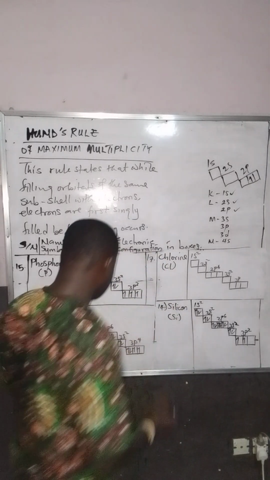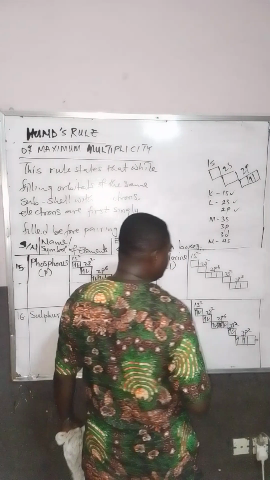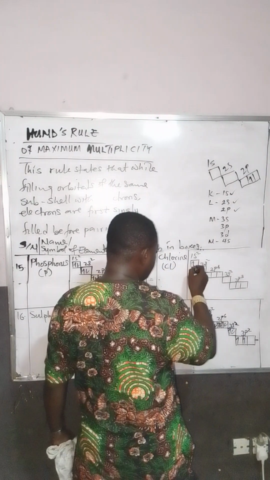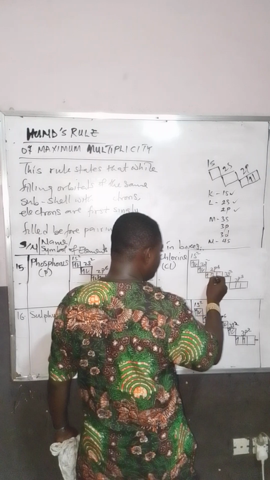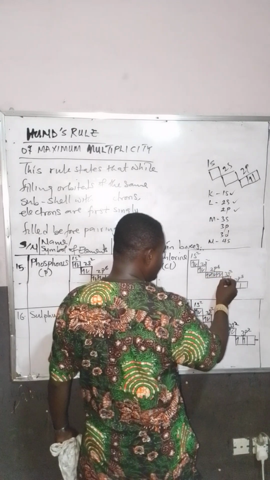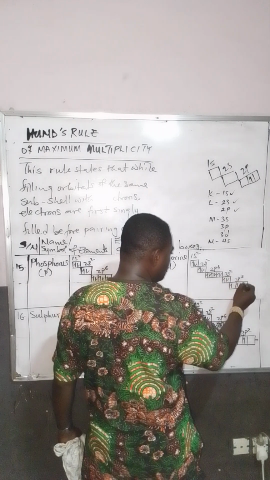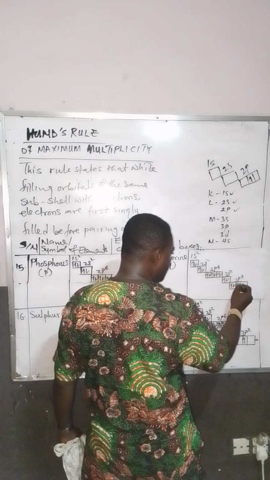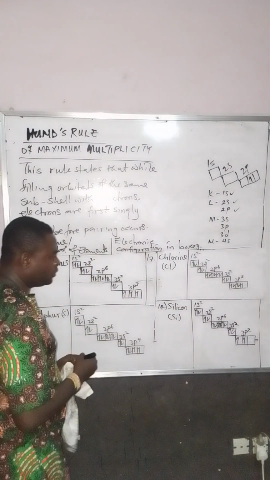The last one was 3p4. It's now going to be 3p5. So I have one electron, 2, 3, 4, 5, 1, then pair, 1, 2. So 5 electrons, you have 1, 2, 3, 4, and 5. Fill singly before pairing occurs.